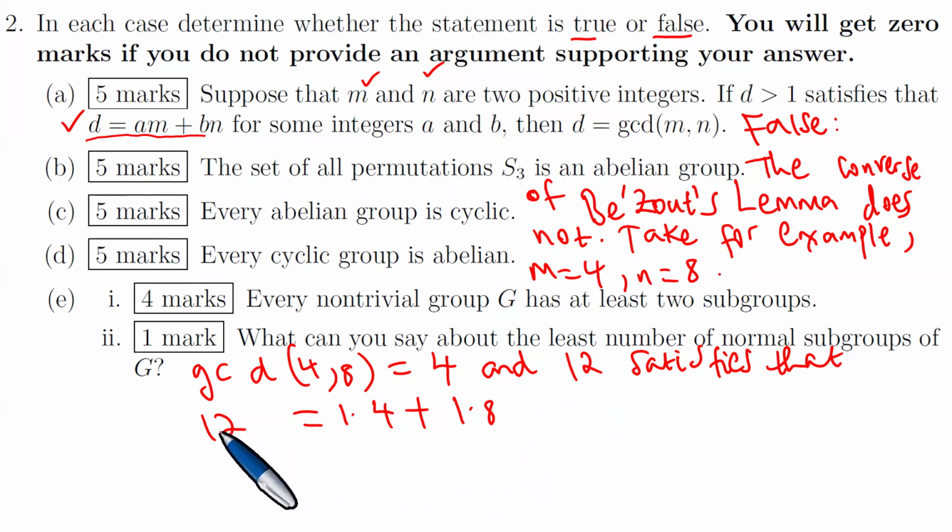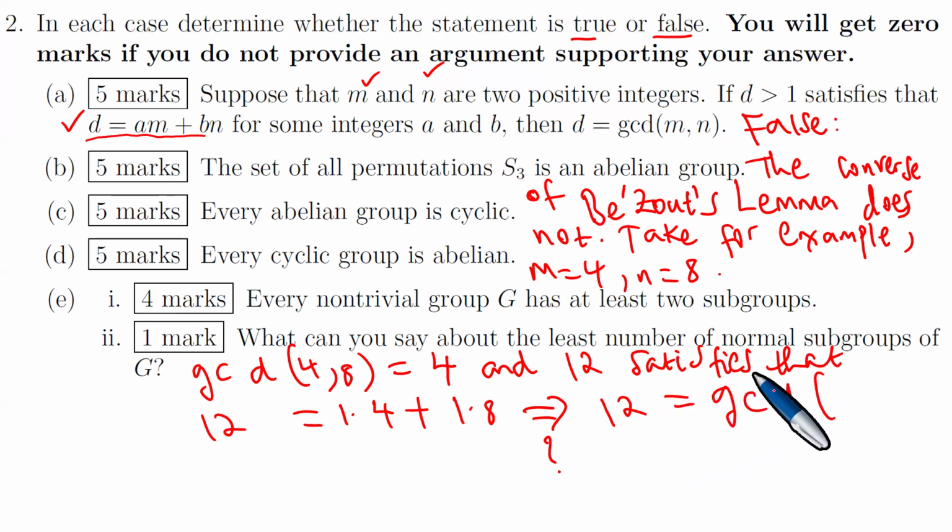So if ever 12 is this here, does it therefore mean that 12 is the greatest common divisor of M and N, 4 and 8?